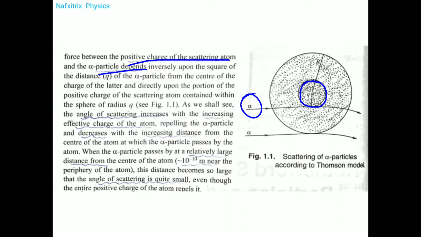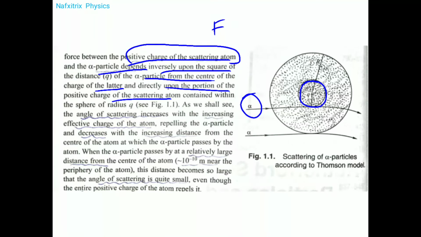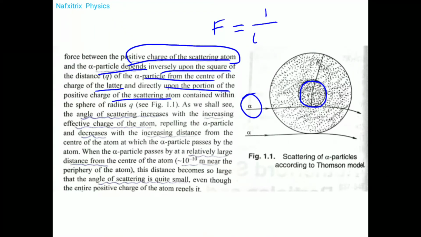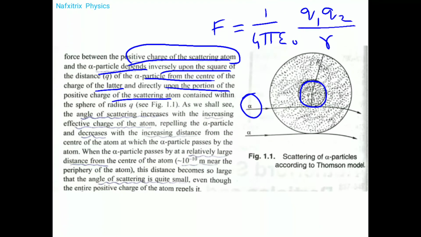The force between the positive charge of the scattering atom and the alpha particle varies inversely with the square of the distance of the alpha particle from the center of the latter, and is directly proportional to the positive charge of the scattering atom. We know that from Coulomb's law: the force between two charges is 1 by 4 pi epsilon naught, q1 q2 by r square.